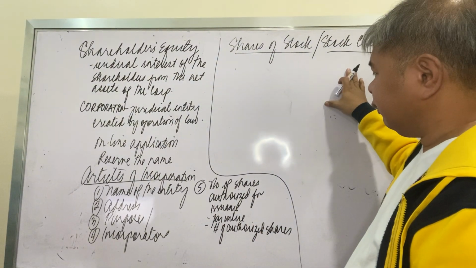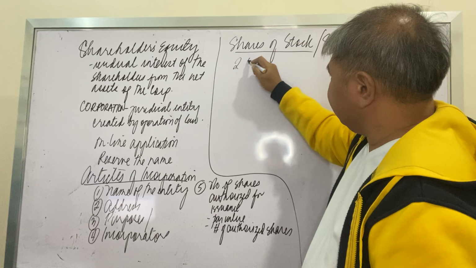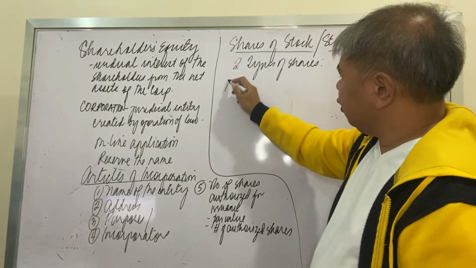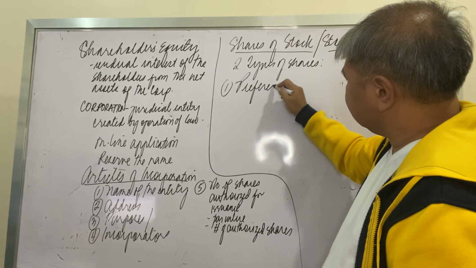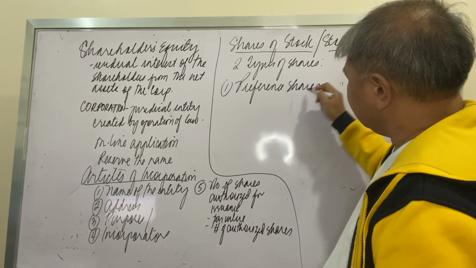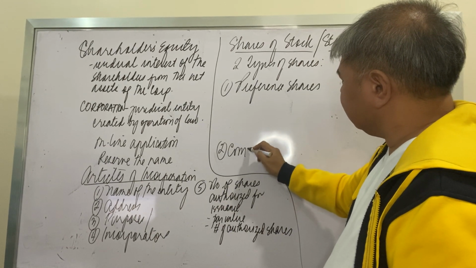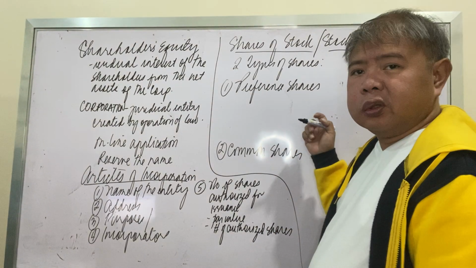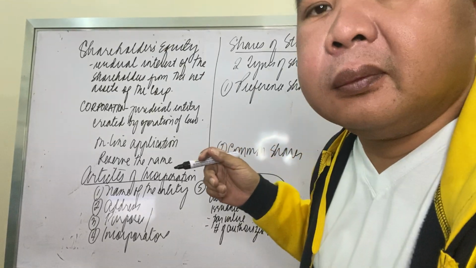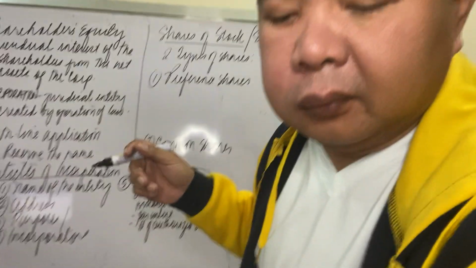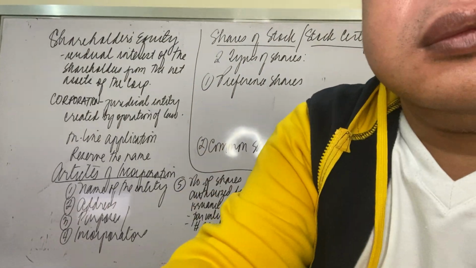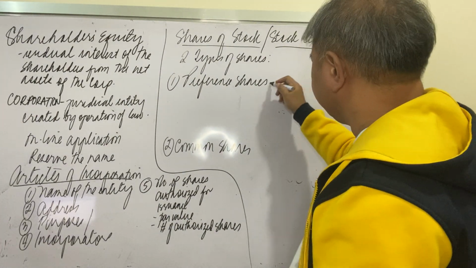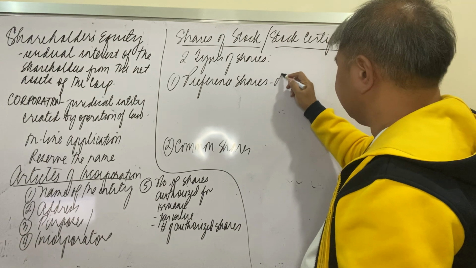Now, there are two types of shares that can be issued by the company. Number one, you have the preference shares. And number two, you have the common shares, no? When you speak of preference shares, these are shareholders with certain preferential rights, say for example, in terms of dividends.